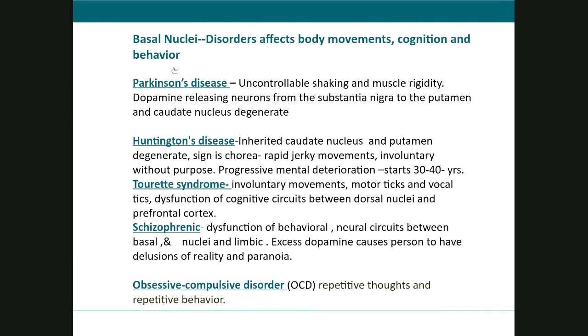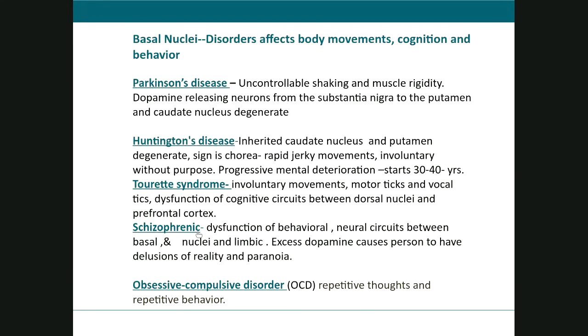Other conditions associated with issues with the basal nuclei are Huntington's disease, which is also a degenerative process that will have rapid jerking movements, involuntary and without purpose. Tourette syndrome is an involuntary movement or tics, and sometimes vocal tics, where you're saying things that are inappropriate.